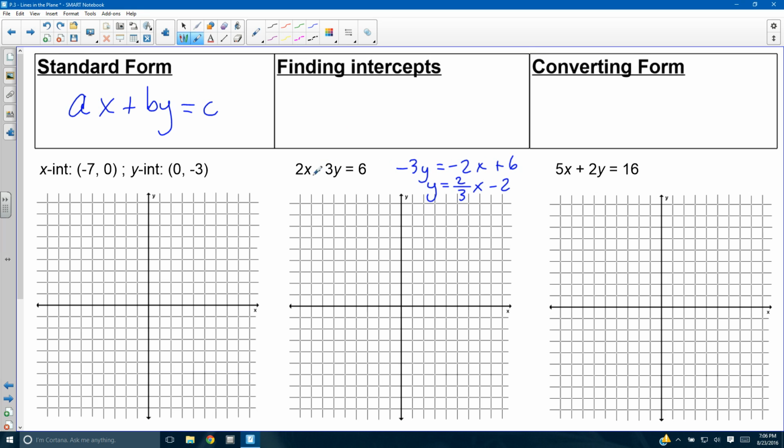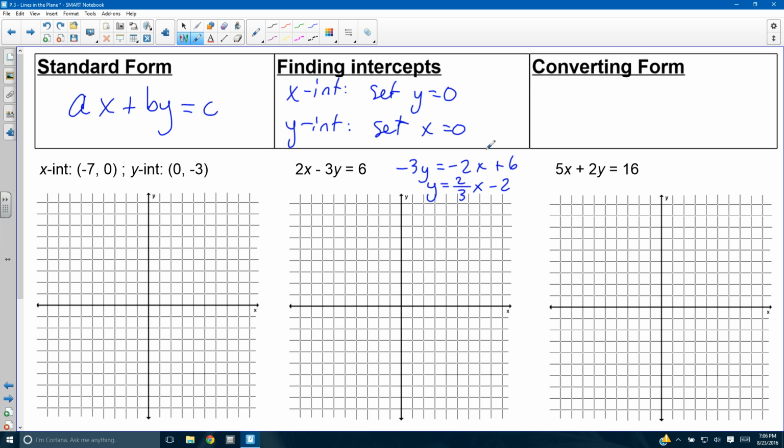You'd have to actually do more stuff to figure it out, which in this case, finding intercepts is very easy to do. The x-intercept: set y equal to 0. The y-intercept: set x equal to 0. Thankfully, the only other number you have to deal with is the coefficient in front of the x or the coefficient in front of the y, and just divide. You'll be very settled with that.